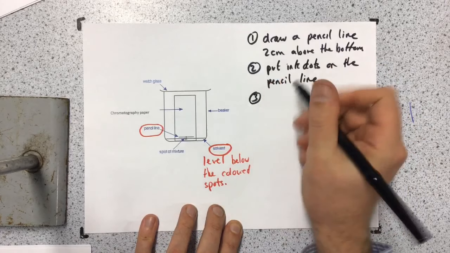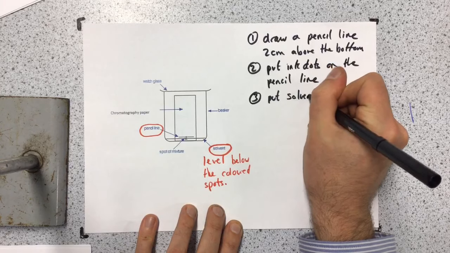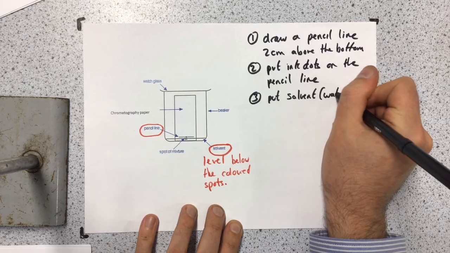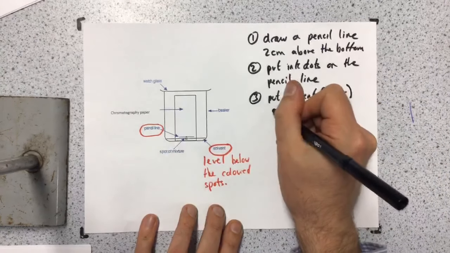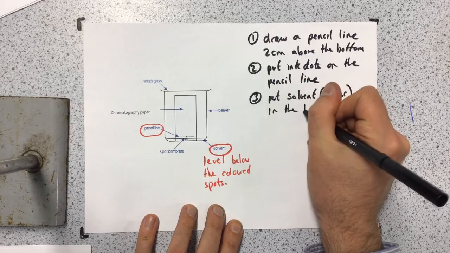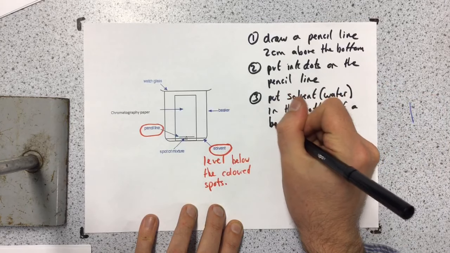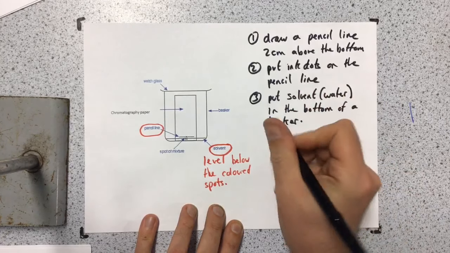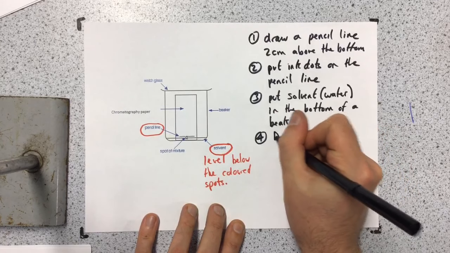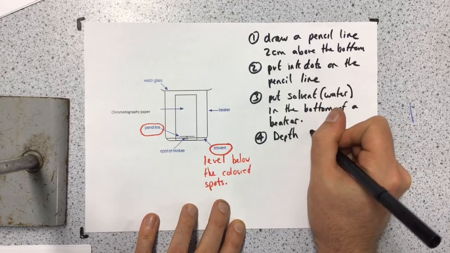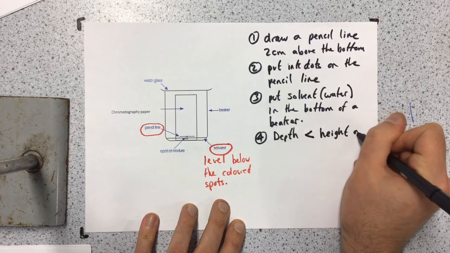Following that, you would put the solvent, which is usually water. Don't be surprised if you get an example where it isn't water, in the bottom of a beaker. Number 4 is you make sure the depth is less than the height of the dots.